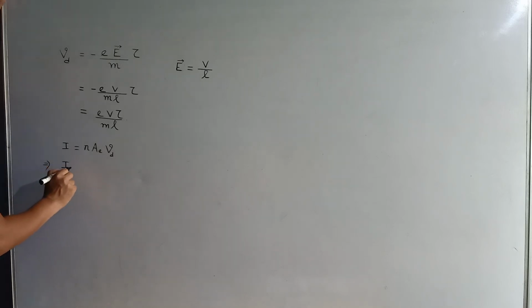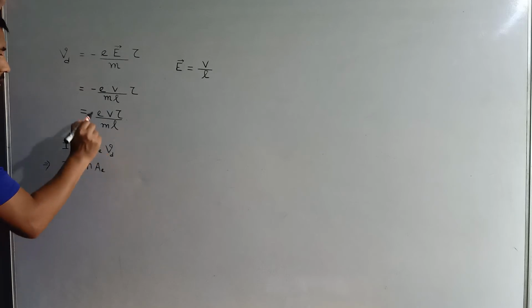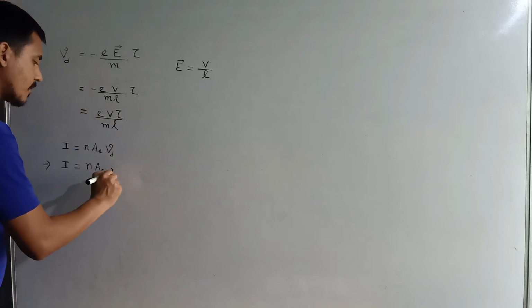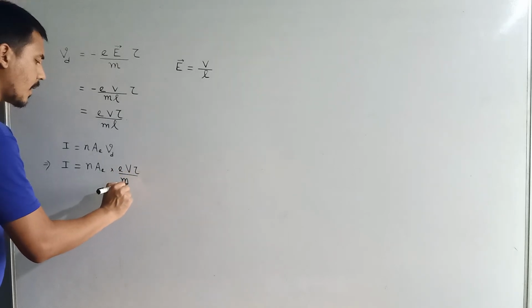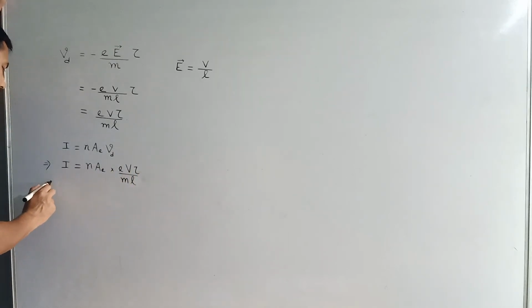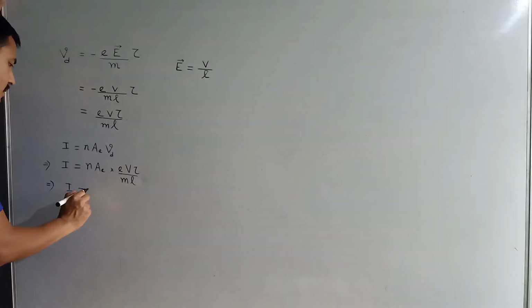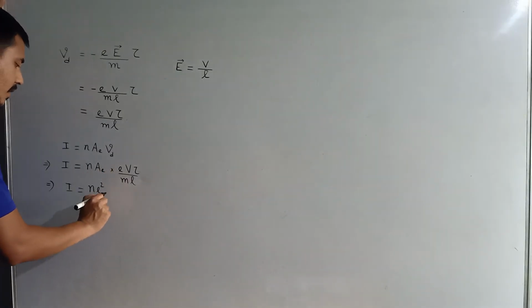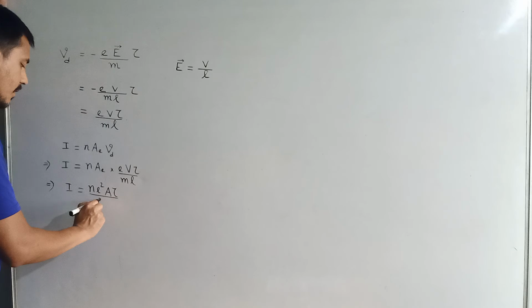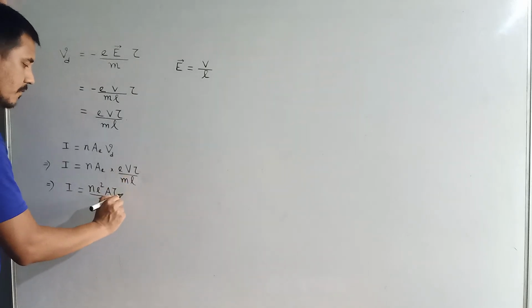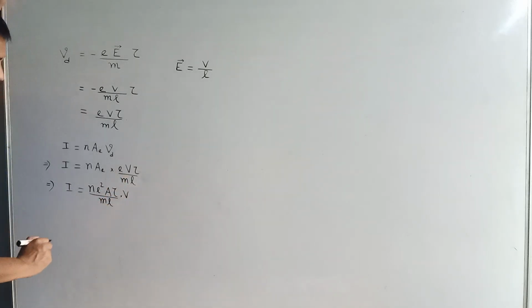In that case, your I will be equal to nAe times Vd, which can be written as eVτ/(mL). So this relation becomes n e² A τ/(mL) times V.